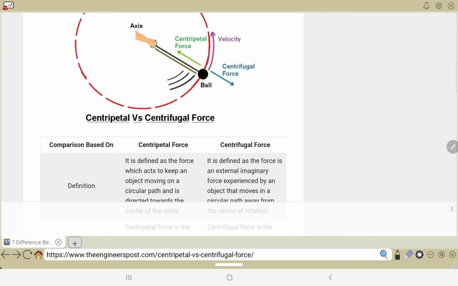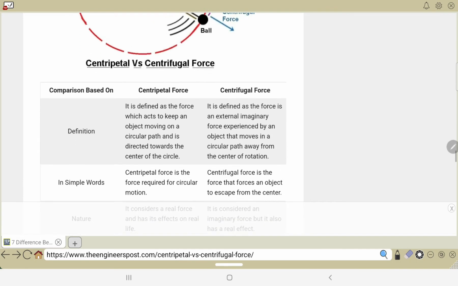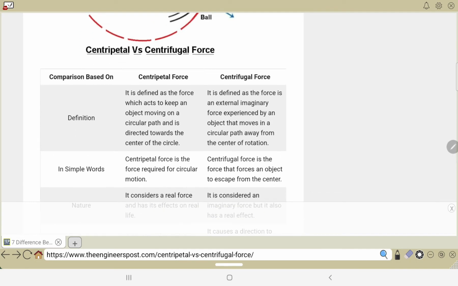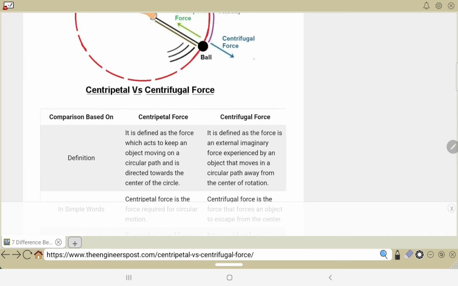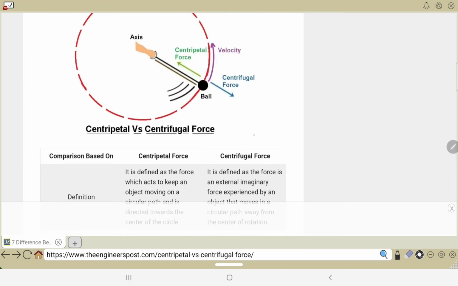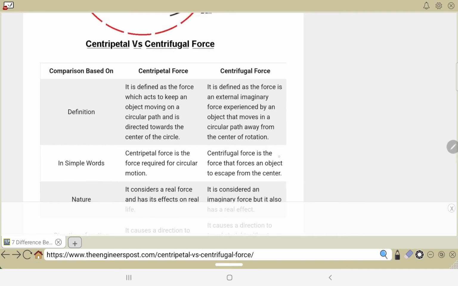So centrifugal force is acting away from the center and centripetal force is acting towards the center of the circle.